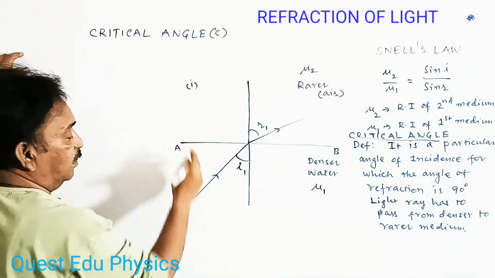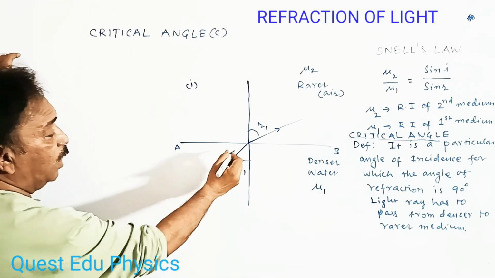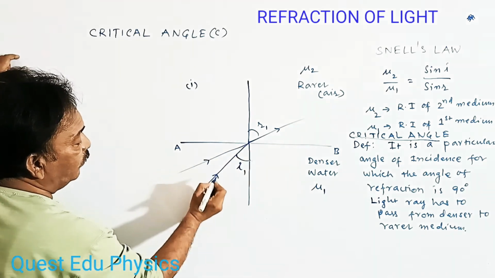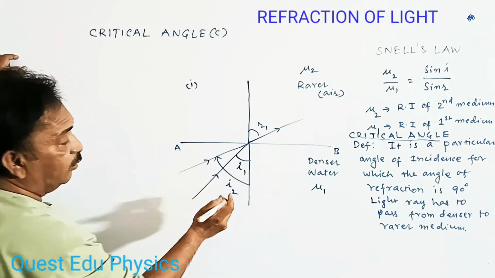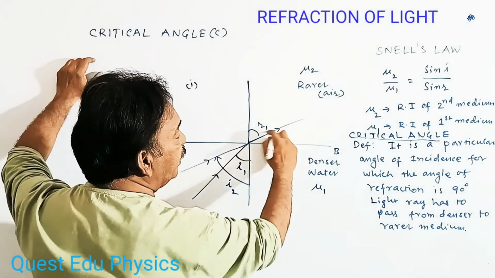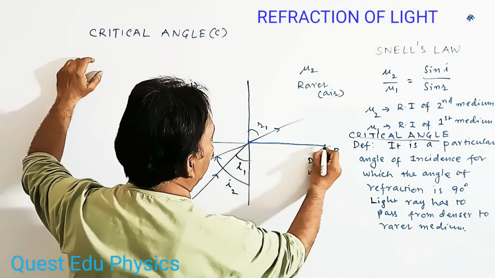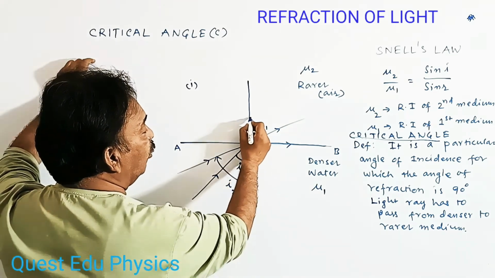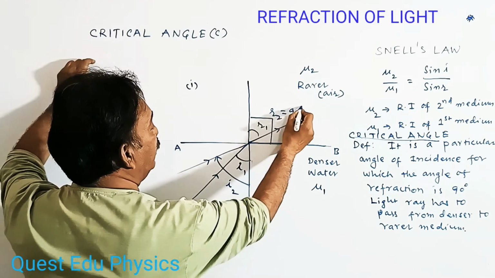In the first case, we had the I and the R. Now, what I am doing is further increasing the angle of incidence. I increase the angle of incidence to I2. Dramatically, what happens? Instead of entering into the second medium, the light ray just grazes the boundary of separation. Here we got the angle of refraction R2 equal to 90 degrees.